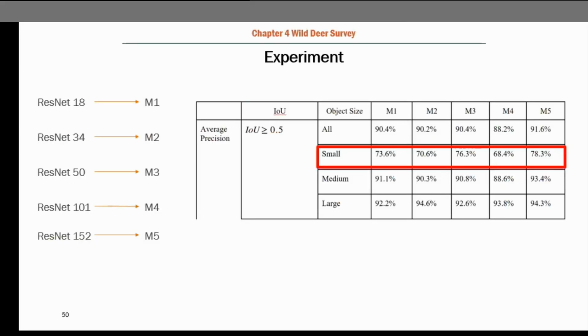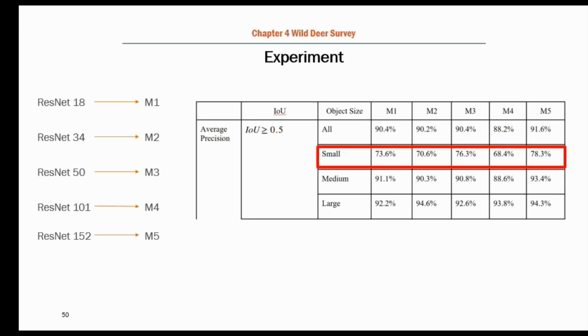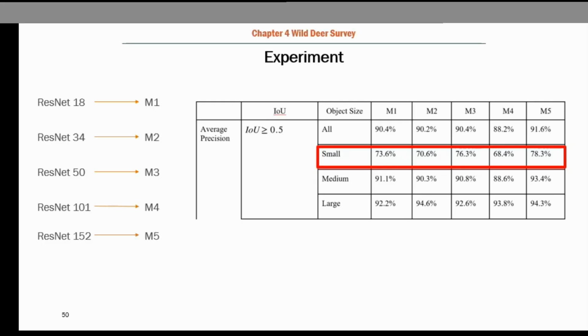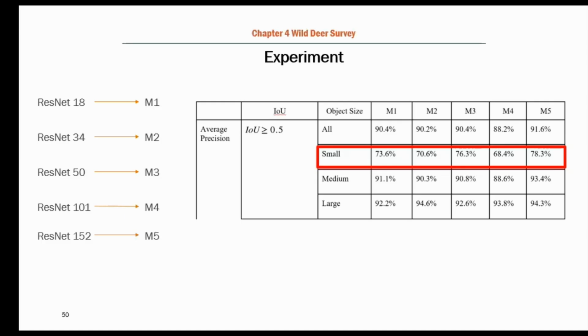ResNet means residual neural network. They are very famous for their powerful ability to extract features from the input images. According to the number of convolution neural layers, there are 5 types of residual neural networks.